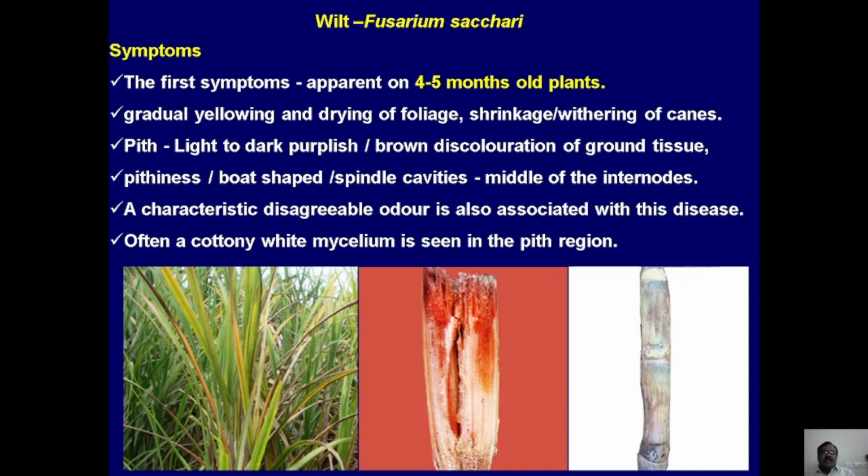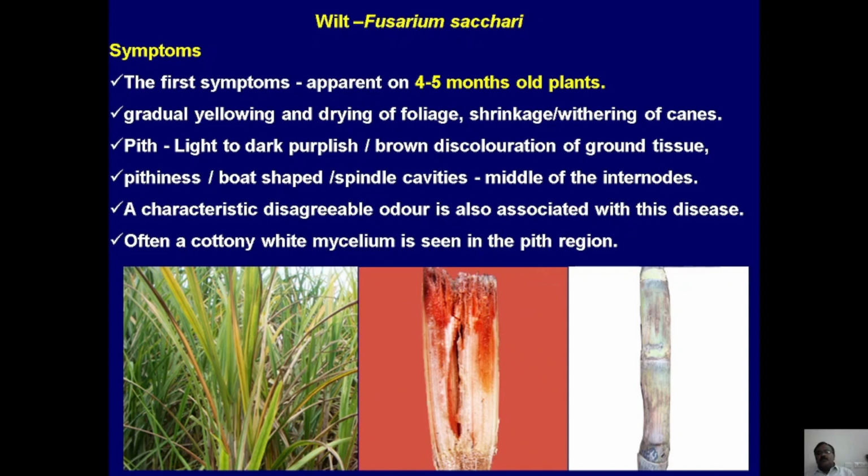The internal pith turns light to dark purplish or brown in discoloration. Pithiness, or boat shaped or spindle shaped cavities forming in the internodal region, are the characteristic symptoms. The infection also emits a disagreeable odor due to severe infection by this pathogen.